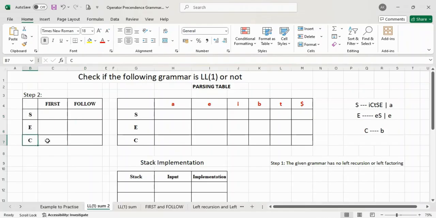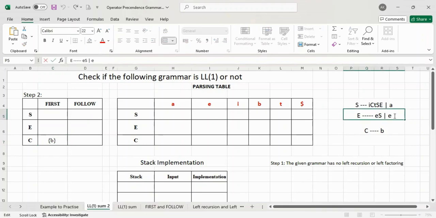So let us start calculating for C. What will be added in the list? If you observe, first of C is a small b, so I will add it in my list. That's it. First of E. If you observe, there's a mistake. It is epsilon. So first of E, if I observe this highlighted rule over here, then the first of E is small e.